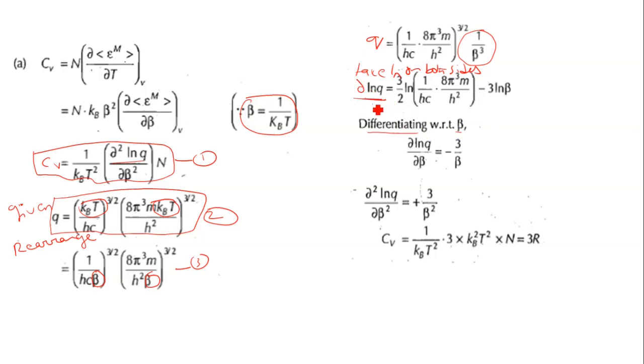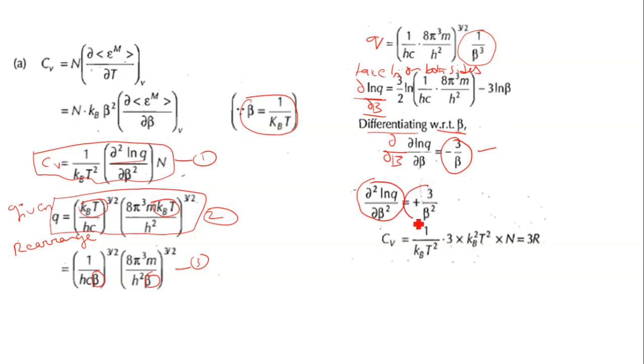You will get dou ln Q by dou beta equal to minus 3 by beta. Again you differentiate this equation with respect to beta, you will get dou square ln Q by dou beta square equal to plus 3 by beta square, since the differentiation of minus 1 by beta is nothing but plus 1 by beta square.